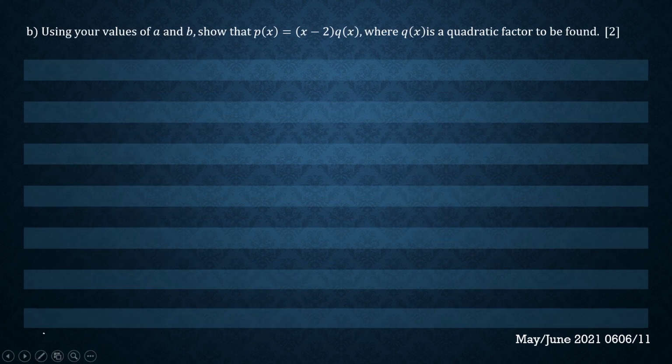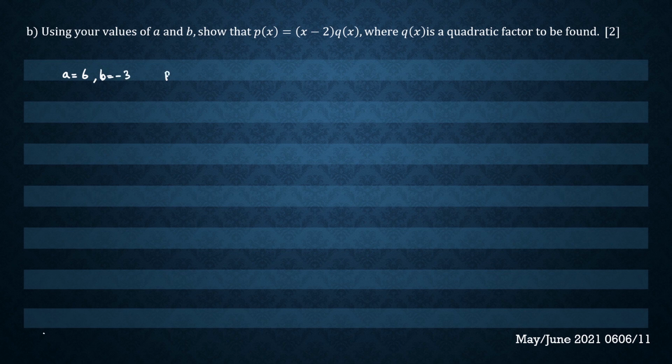In part B, using your values of a and b, show that P(x) equals (x minus 2) times Q(x), where Q(x) is a quadratic factor to be found. From part A, we know that a equals 6 and b equals -3. So let's substitute these values into our polynomial.